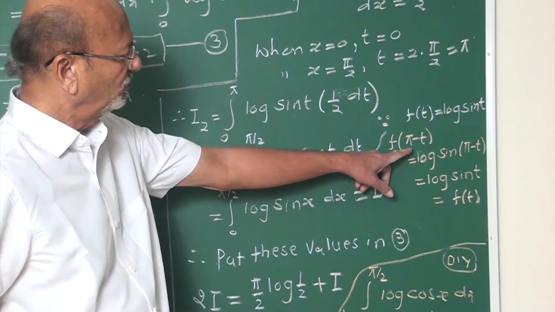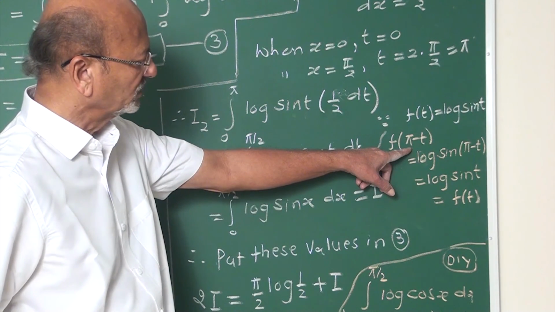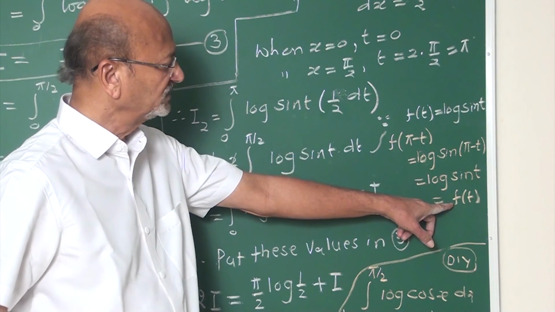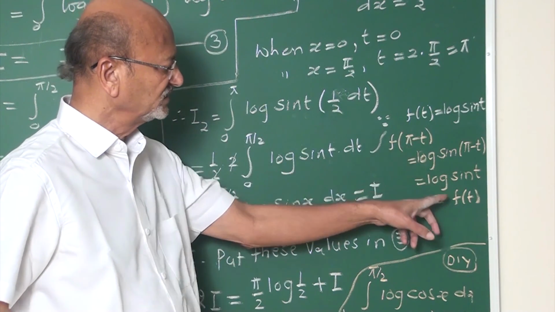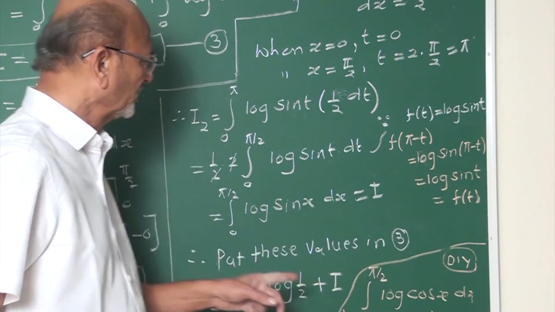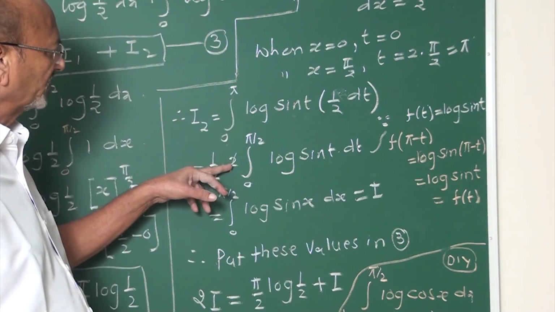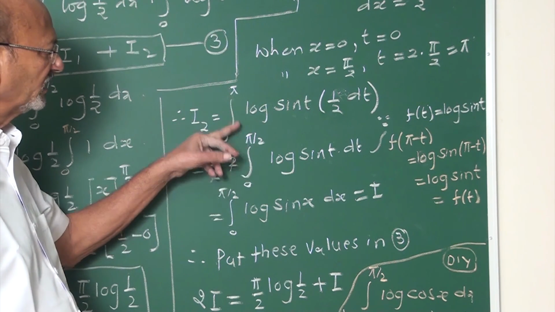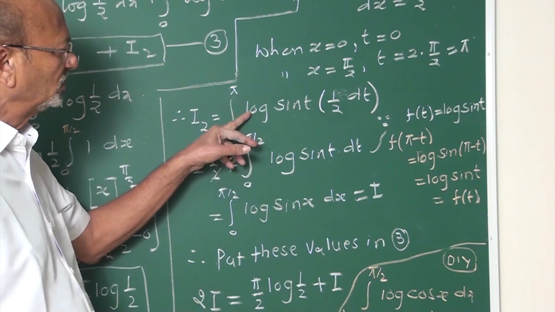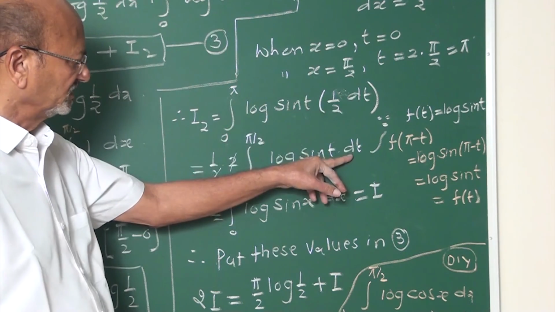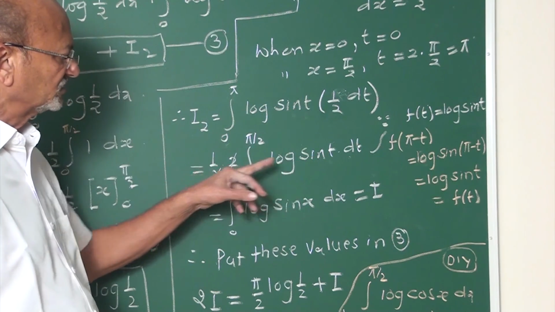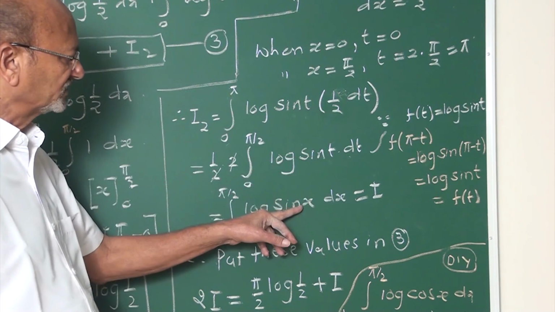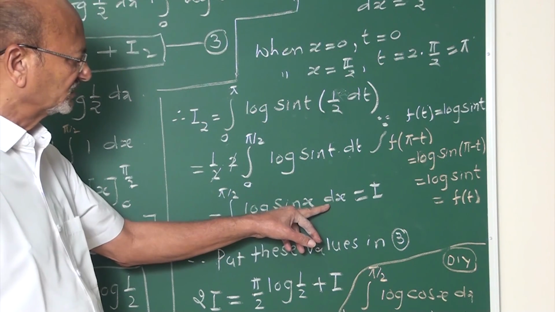Therefore, f of upper limit minus t, pi minus t, is plus f of t; 2a minus x is plus f of x. Then this integral from 0 to pi can be written as 2 times the integral from 0 to half of the upper limit, 2a becomes a, pi becomes pi by 2, of log sin t dt. The 2 gets cancelled. Change from t to x: log sin x dx.